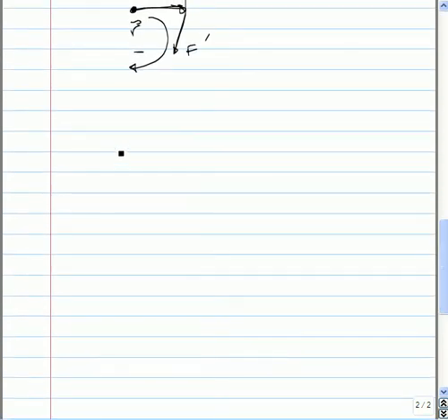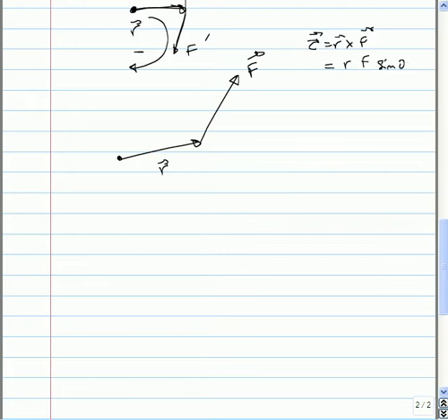Let's imagine you have a vector r and you have a vector f, and you would like to take the cross product between r and f. Now remember by definition that the torque is r cross f. If you want to get the magnitude of the torque, all you need to do is take the magnitude of r times the magnitude of f times the sine of the angle.